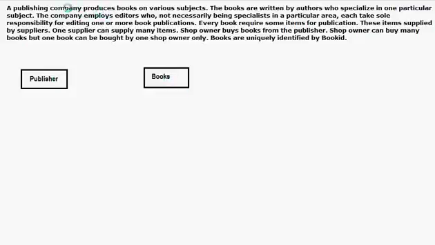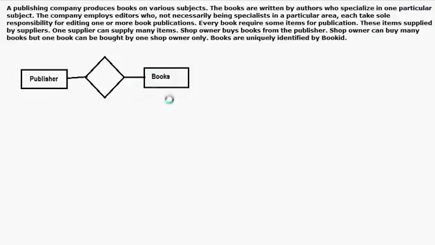Now the relationship is like that: one publishing company produces many books, so we simply connect them.